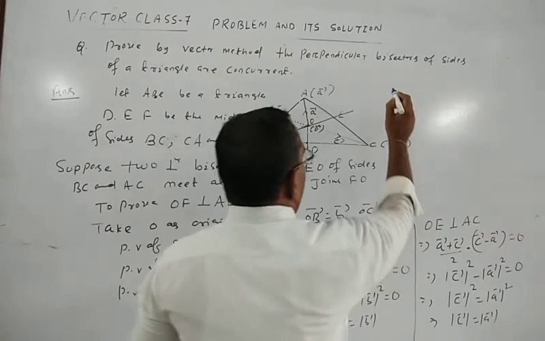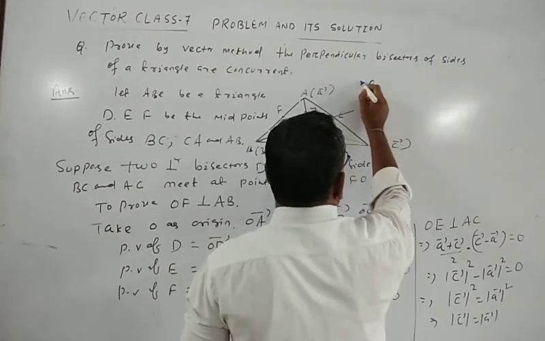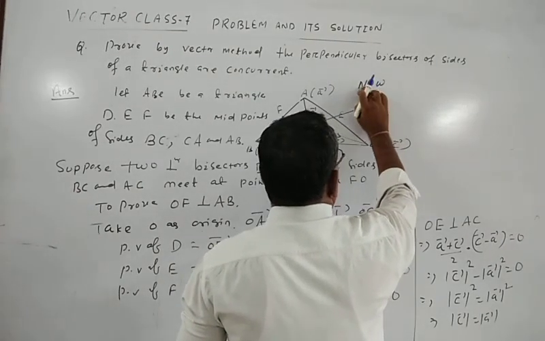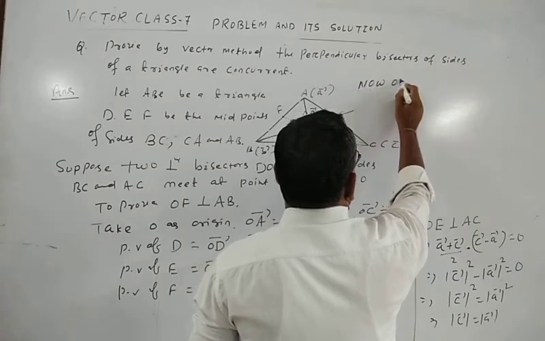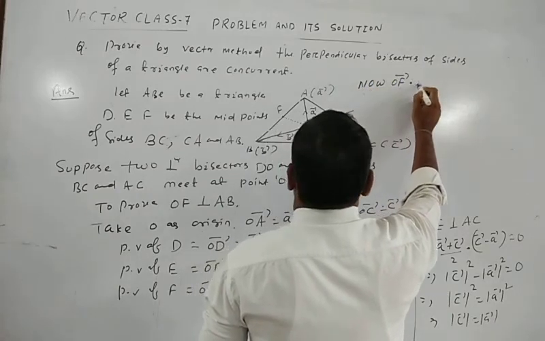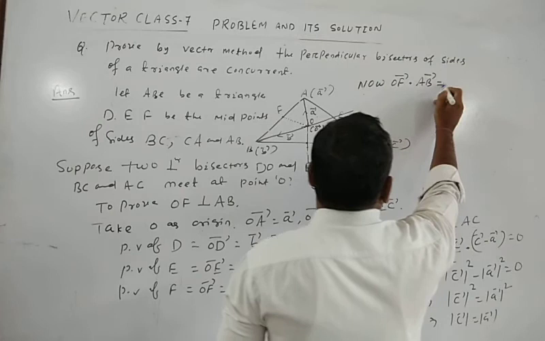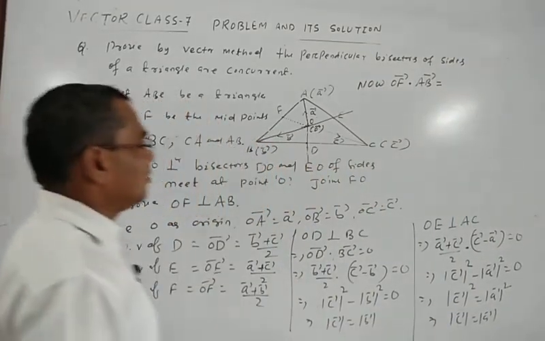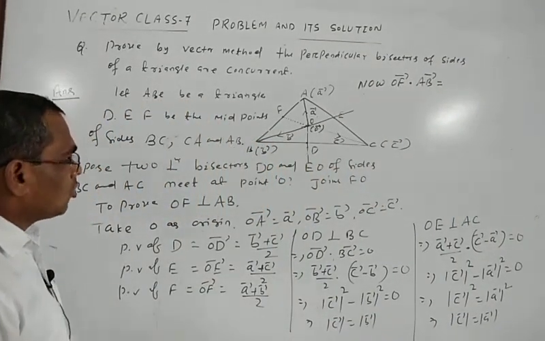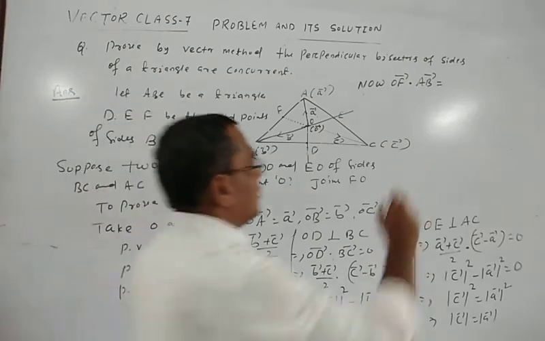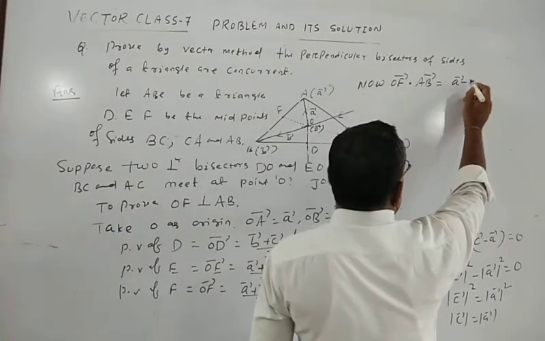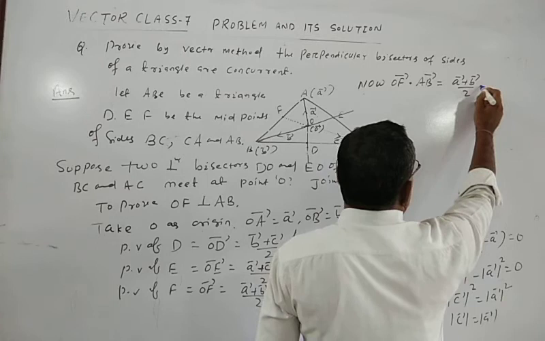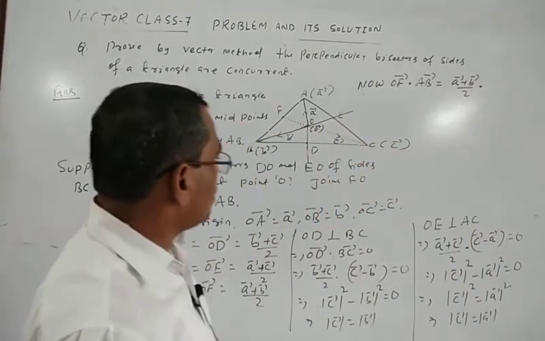So the OF vector dot the AB vector. What is the OF vector? The OF vector is (A vector plus B vector) by 2. So this is (A vector plus B vector) by 2 dot the AB vector. What is the AB vector?